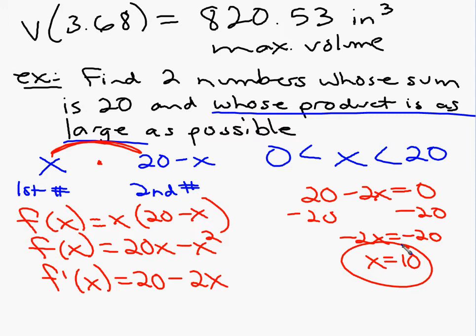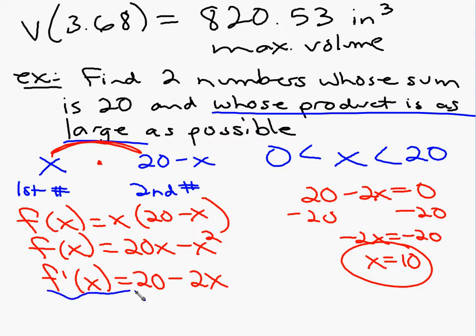So what should I do now? Well, we need to confirm that that is a maximum, right? Now, this is a case where the second derivative is easy. Here's my first derivative.